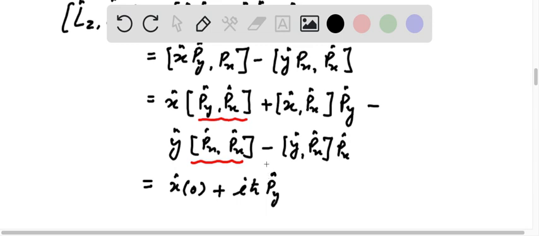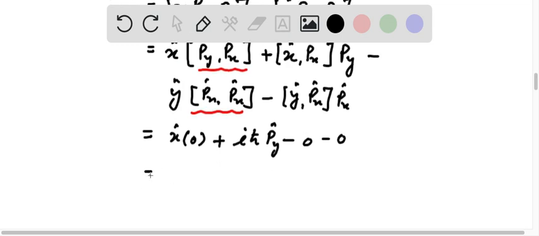The minus part is also 0, and this part is also 0. So hence we got plus iħ py.